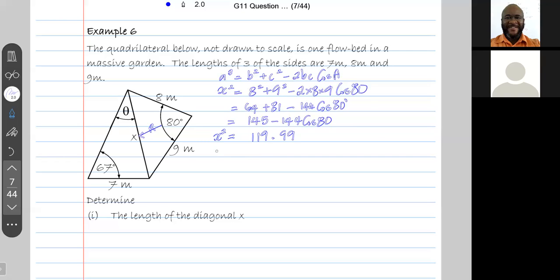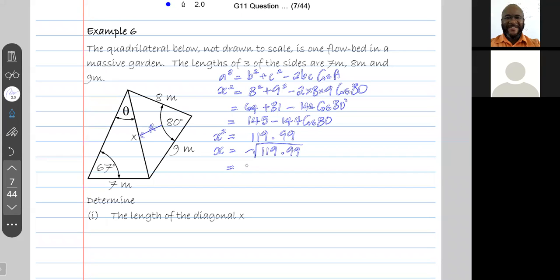The opposite of square is square root. So the square root of 119.99 is 10.95.